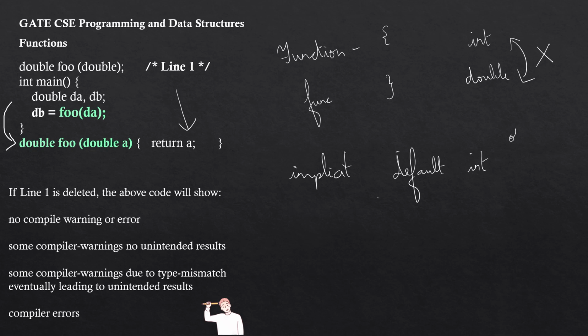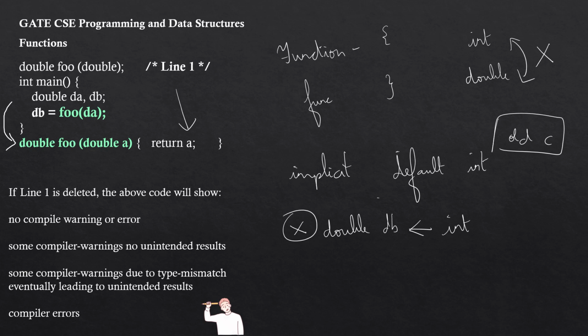Note, this is only for old C versions. It is not there in the current ones. When it assumes int, db is double while the return type it is getting is int, so this throws an error. In the current compiler versions, this implicit type conversion is not allowed.